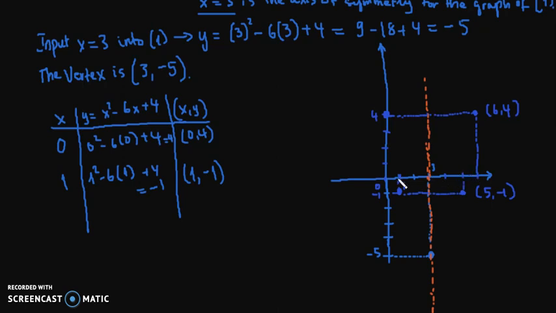For x equal to 1, the distance from 1 to 3 is 2 units, so from the axis of symmetry I also count 2 units, 1, 2 here, and I have my second point. The total distance is 4 units.